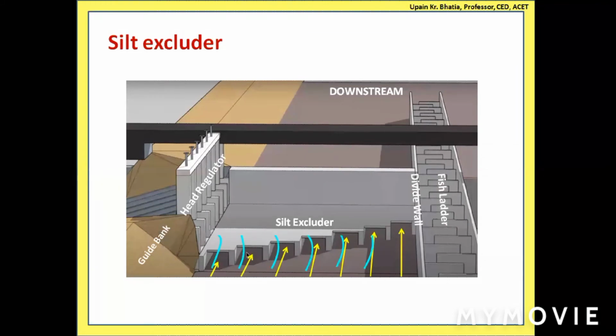But the upper layers, shown in blue lines, do not mean that it is 100% free of silt. It is comparatively silt free as compared to the bottom layers. The concentration of silt in this portion of the water is lesser, but the suspended silt can still enter this canal through the head regulator.